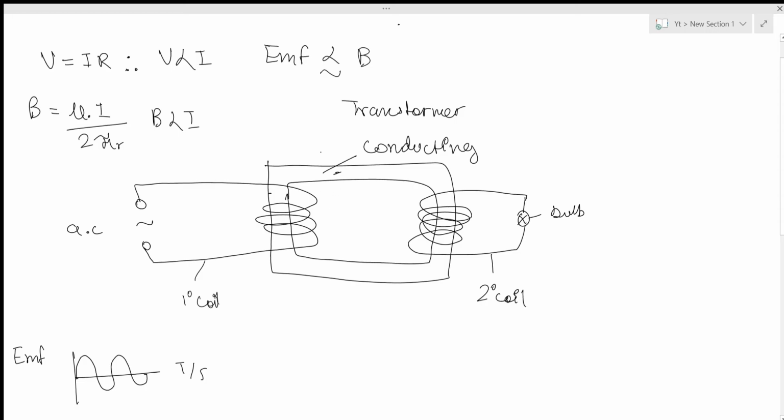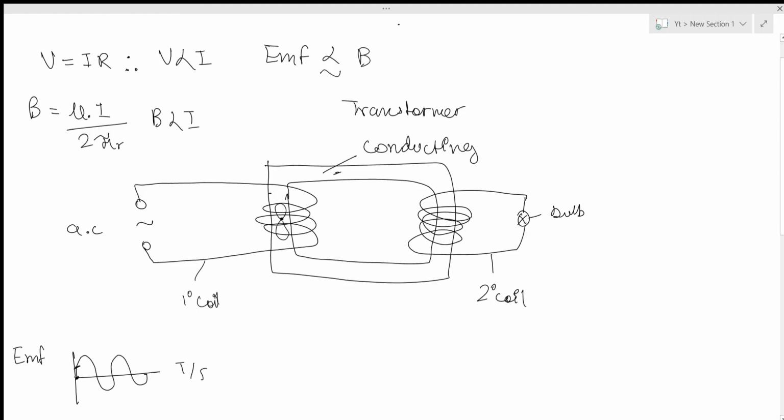First, I'll explain the magnetic field strength here. From the initial point to the midway point, the strength of the magnetic field would increase from 0 to this much.